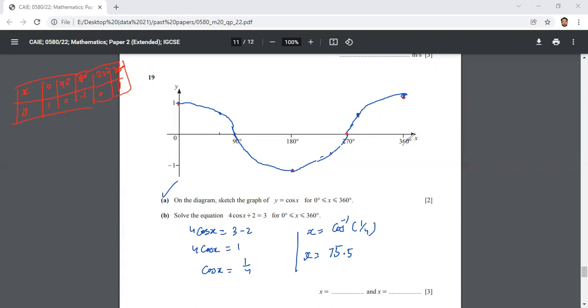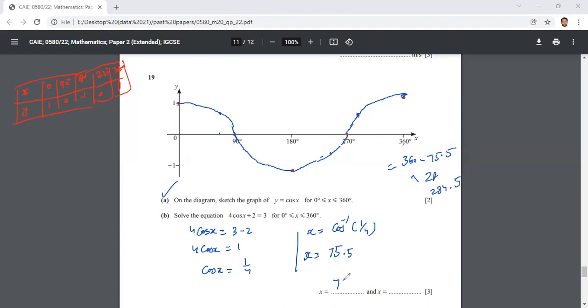So how do we get it? 360 minus 75.5, that gives me 284.5.